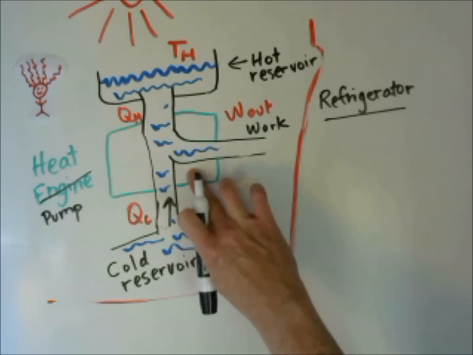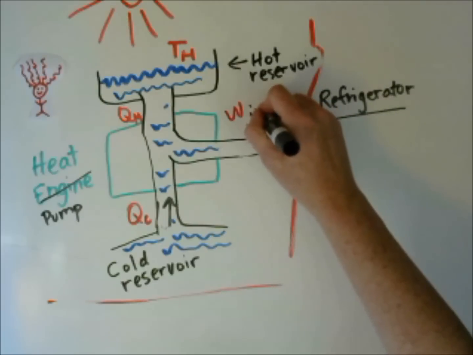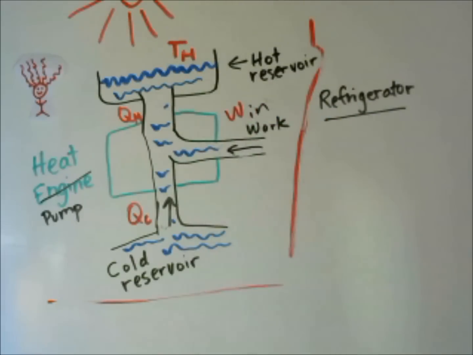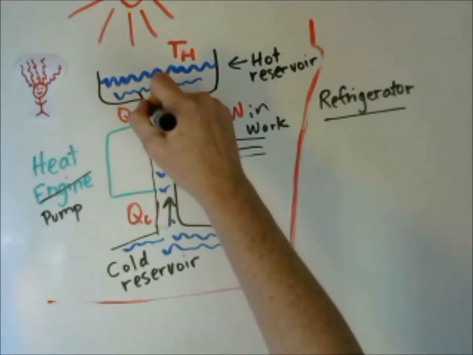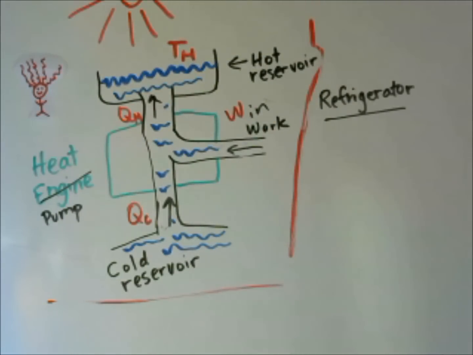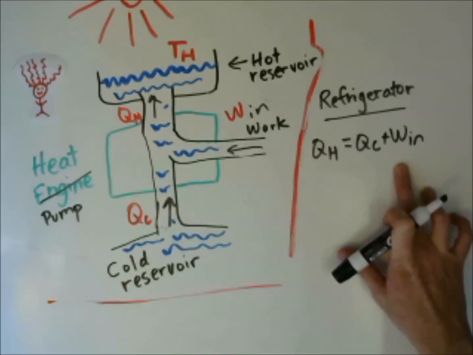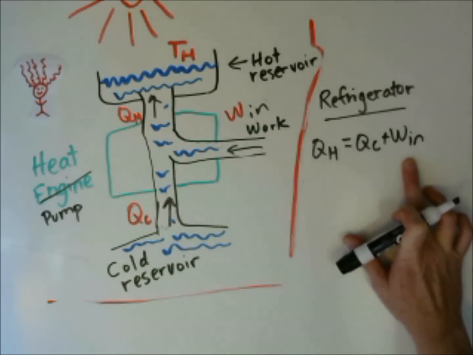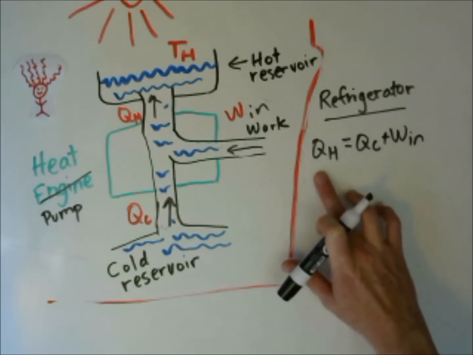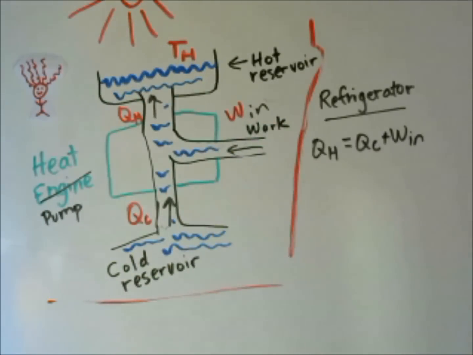And we're going to do work into the system. And then our heat is going to go out of the system to the warm temperature. So the equation actually looks almost the same as the heat engine. The difference is we have work in instead of work out. We still have these two added together to equal this, and the direction is different. So that's what a heat pump looks like.